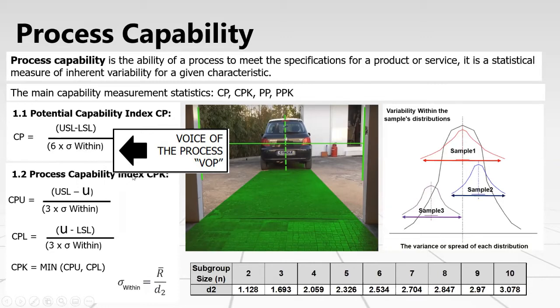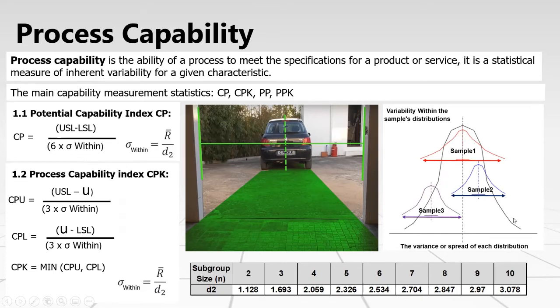And the standard deviation within is mainly related to the inner ranges of the samples that are collected from the same population. I repeat again, if we are collecting different samples for the sake of analysis from the same population, then you might find differences in the ranges of those samples.